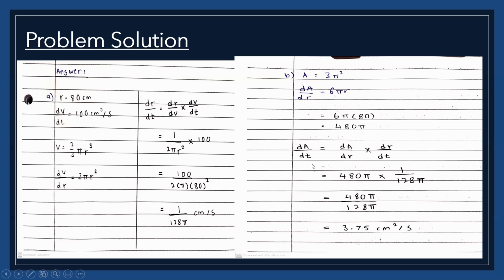In order to find dA/dt, we need dA/dr times dr/dt.